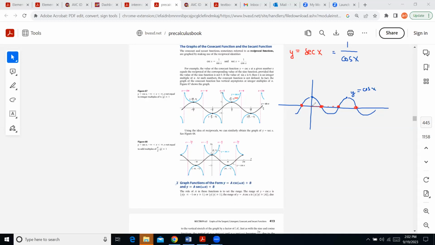So whenever we have 0 in the denominator, vertical asymptotes appear, and that's what we learn in a college algebra class. And if you didn't take that class, it's fine, you just learned it.